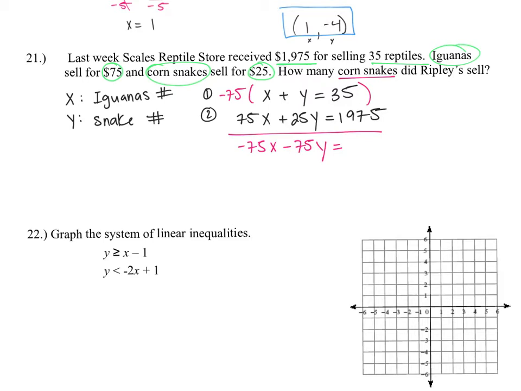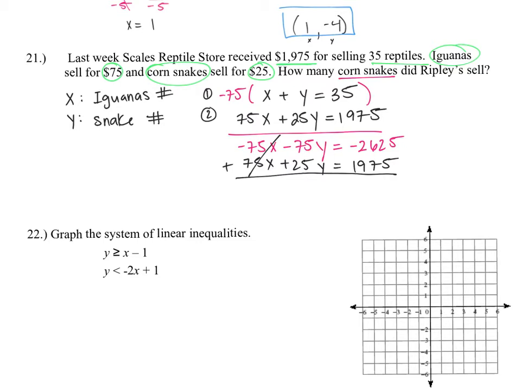Negative 75 times 35 would give me negative 2,625. And then from here, I'm going to bring down my second equation. So 75x plus 25y equals 1,975.